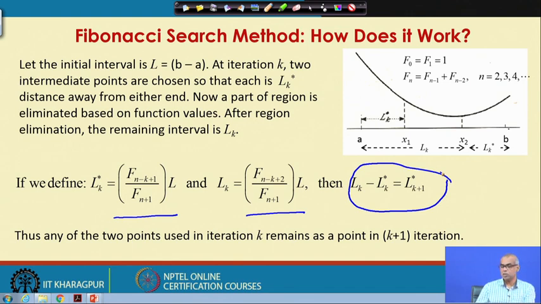So, Lk plus 1 star will be used in the k plus 1 iteration to place these points x1 and x2. Because of this, any one of these 2 points used in iteration k will be retained as a point in the k plus 1 iteration. So, in the k plus 1 iteration, we have to make only one function evaluation.